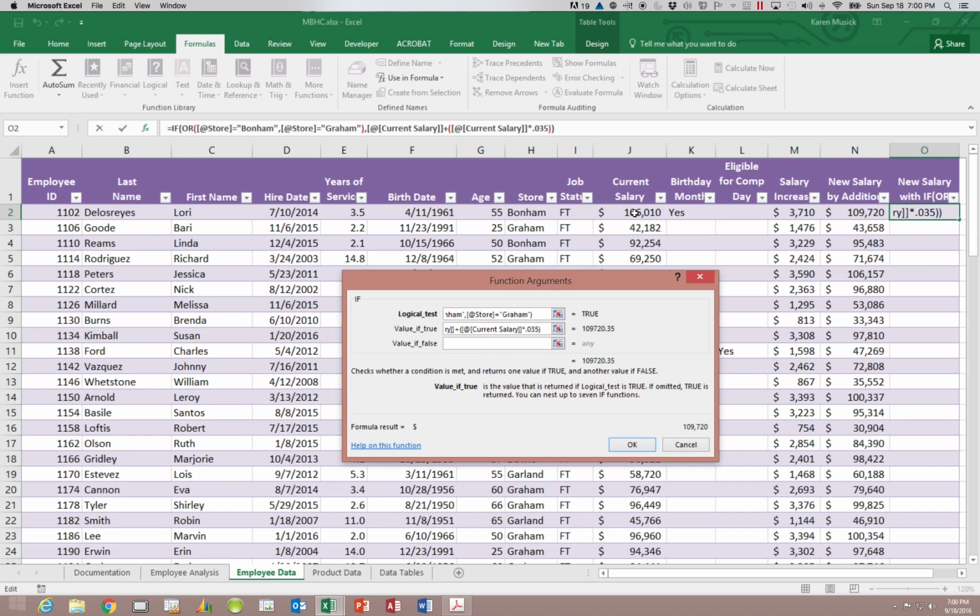And then again, since I opened a parenthesis, I would have to close it. If you're good at algebra, you could also state it as the current salary times, and in this example, the false value was 2.5%, so it would be 1.025. And then say OK.